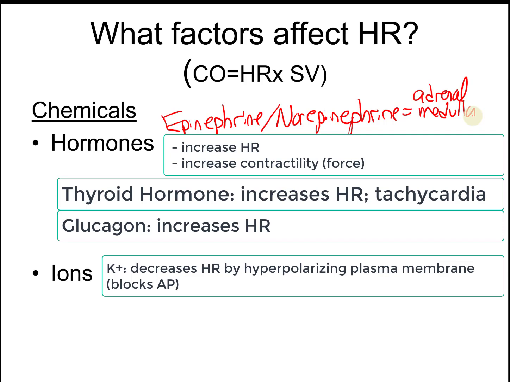So if the muscle cell starts out at minus 90 millivolts at rest, it depolarizes to plus 30, and then it repolarizes down to minus 90. But if there's too much potassium, it will repolarize below minus 90, maybe minus 110. And that makes it harder for it to depolarize.